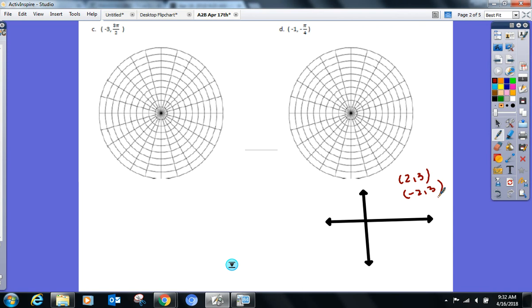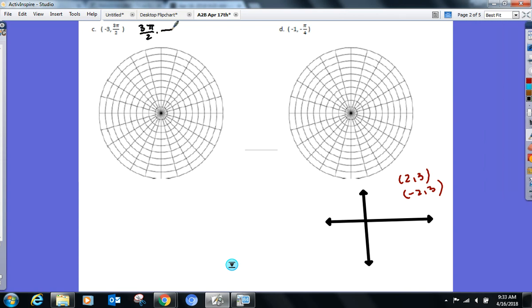Everyone agree? Okay, so everyone go ahead and graph 3 pi over 2 for me. Find out where 3 pi over 2 is on the polar graph, just like we did the last 2 days. What are you multiplying each of the top and bottom by? 6, yep, to make it a pi over 12, so 18 pi over 12. So go ahead, find out where that is on the polar graph before we start plotting the negative 3.